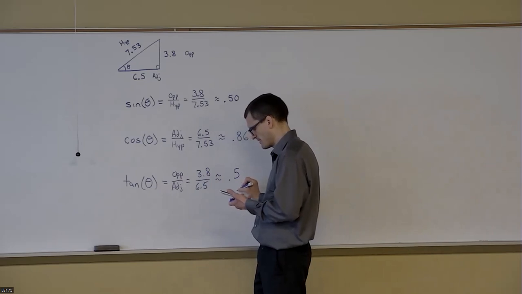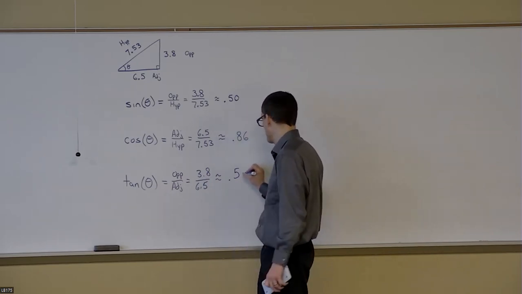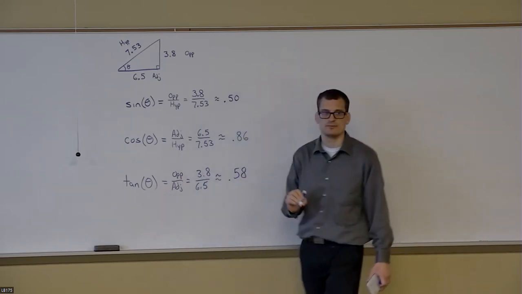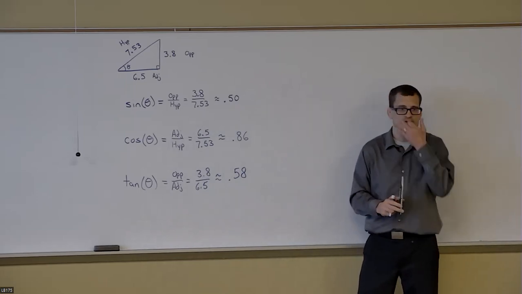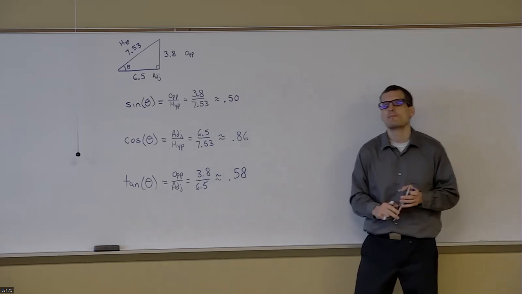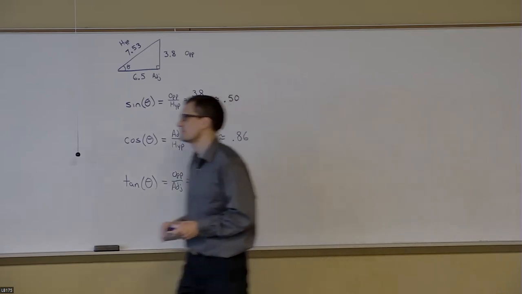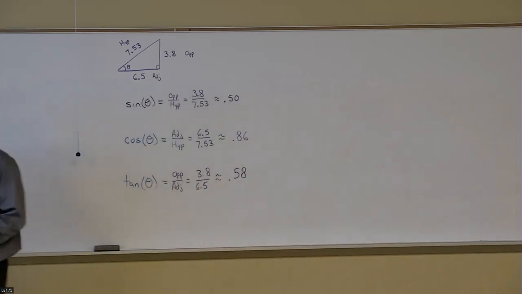Oh, I'm sorry. That rounds to 0.58, doesn't it? Sorry. About 0.58, excuse me. It's on the 6 there, not the 4. So I can solve and find those trig functions, at least the outputs, if I have the right triangle.